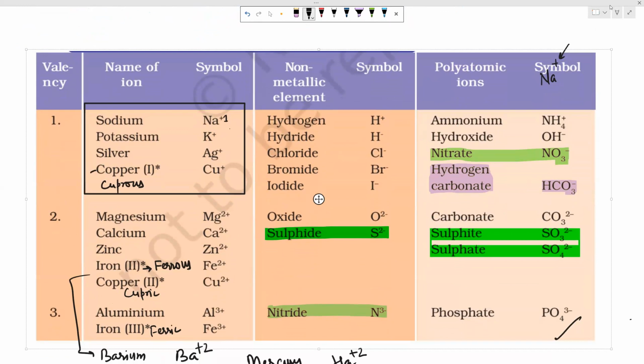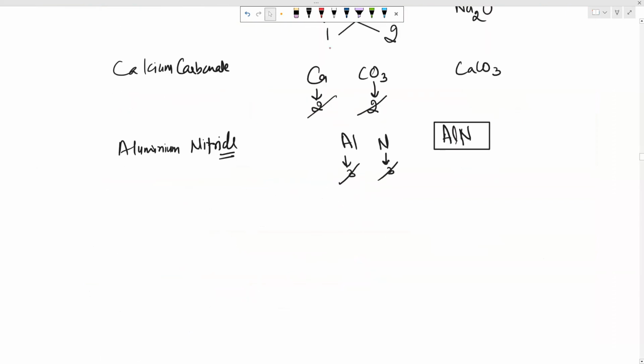Nitrate, hydroxide, and hydrogen carbonate have minus 1. And iodide also has minus 1. Hydride, chloride, bromide, they all have minus 1. Okay.